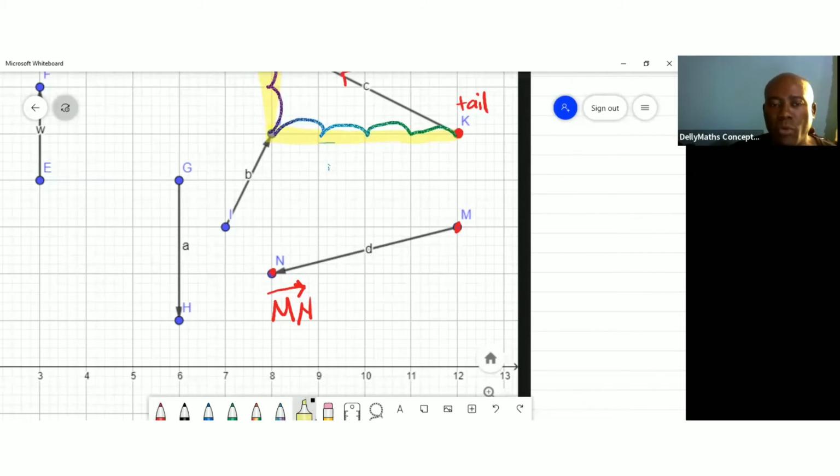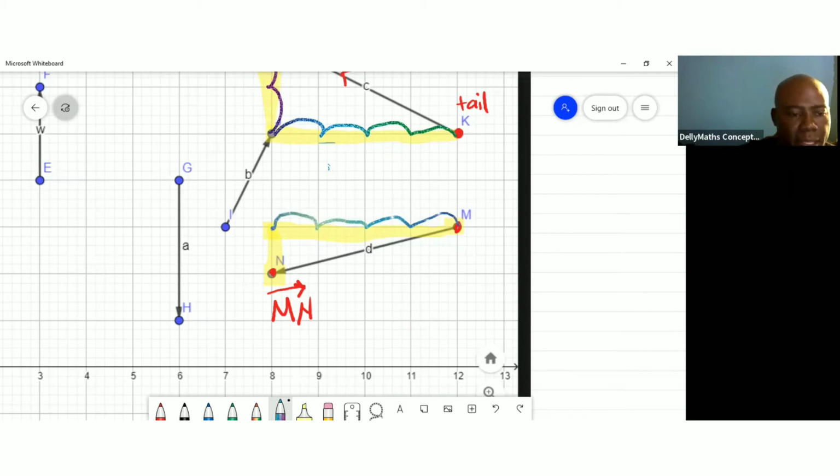Remember that we have to move horizontally first before we could move vertically. So when you think about this, you want to go to the left until you're lined up with N, then you come right at it. So let's count the number of units. We're moving to the left: 1, 2, 3, 4 units to the left.